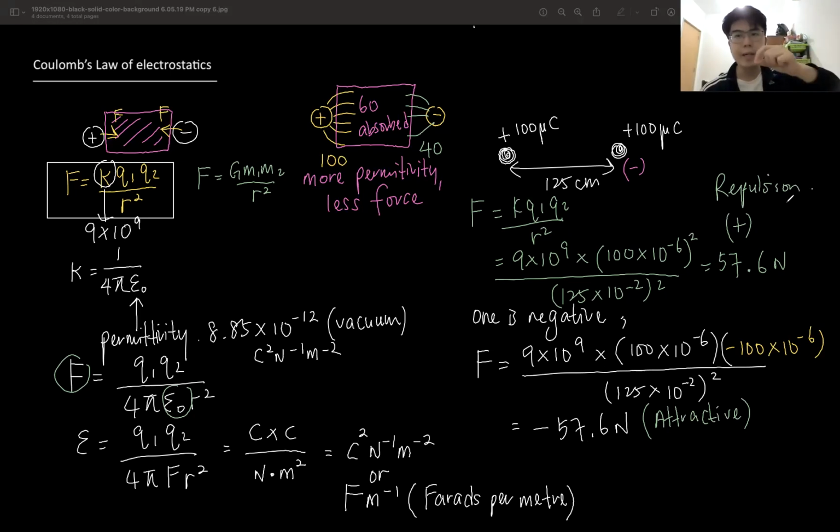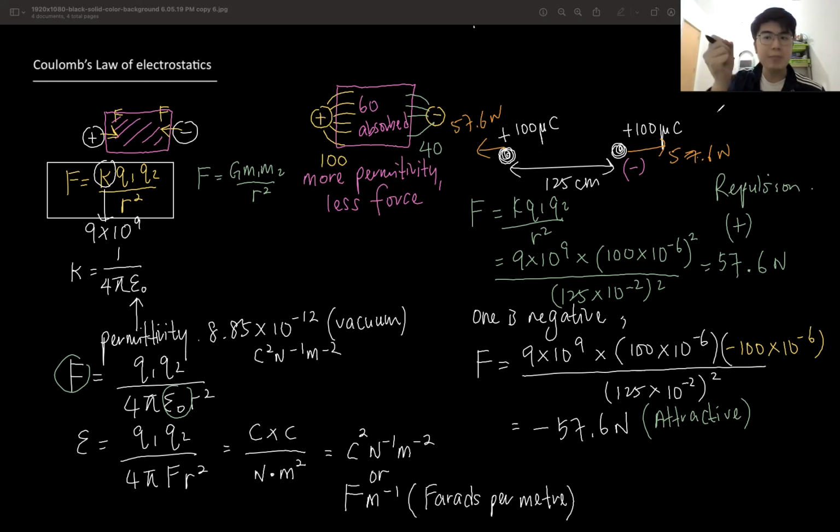So what we discussed here is how much is the force acting on the two particles. What is the effect of the force? Here, we know how to calculate how much, but what is the effect? We know that the force acting on these two particles is 57.6 Newton. The same force acts on both, but do they have the same effect?